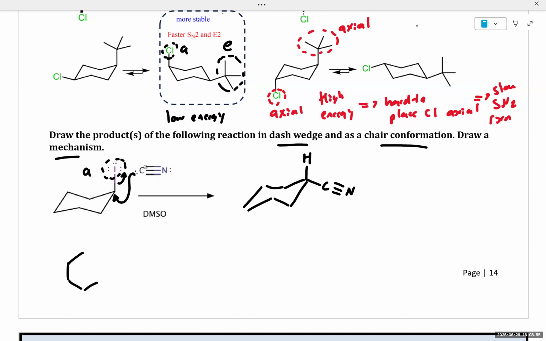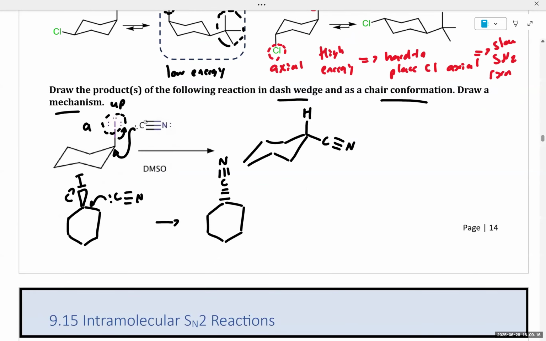Drawn out another way, this iodine is axial pointing up, so it gets a wedge. Your nucleophile will attack, displace the leaving group, and we get the product with inversion of stereochemistry. Wonderful. Let's keep going now.